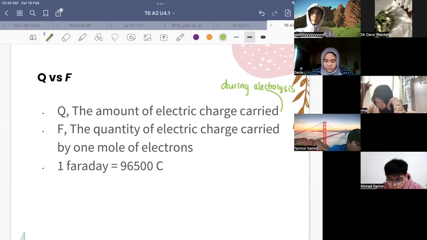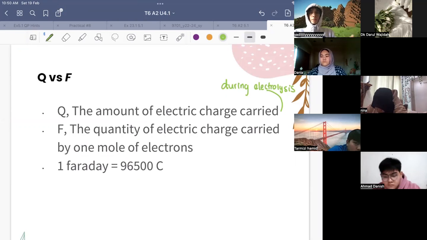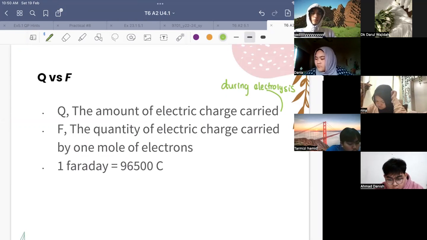It is not a constant; it depends on how long you let your electrolysis run and on the current that you supply. Whereas F is fixed. F is the quantity of electric charge carried by 1 mole of electrons. Q and F are related to each other, which you will look at later on.